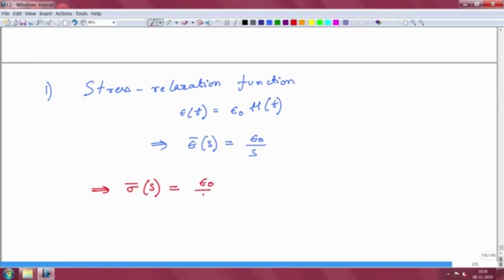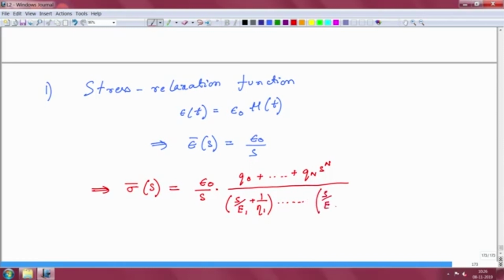You will have epsilon naught by s multiplied by this q naught, you have n terms here q n s to the power n, and then on this side you have all the n terms multiplied together, right.